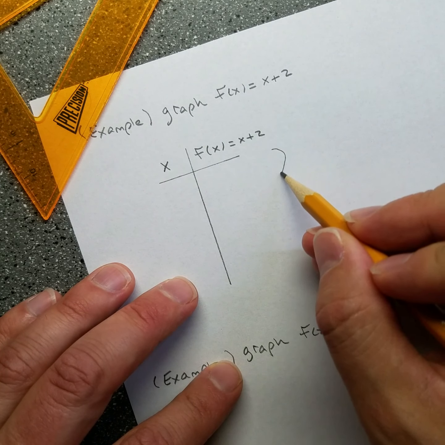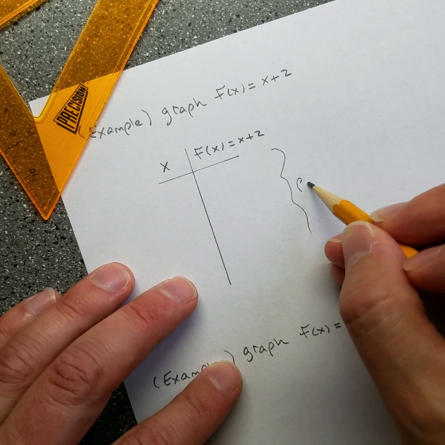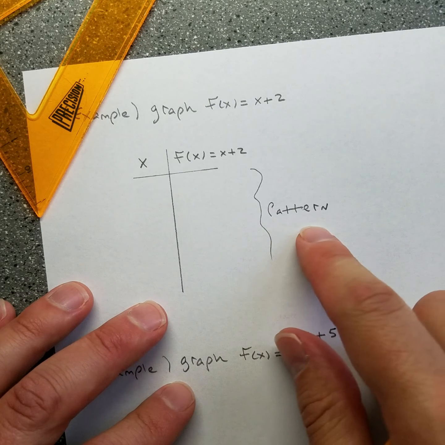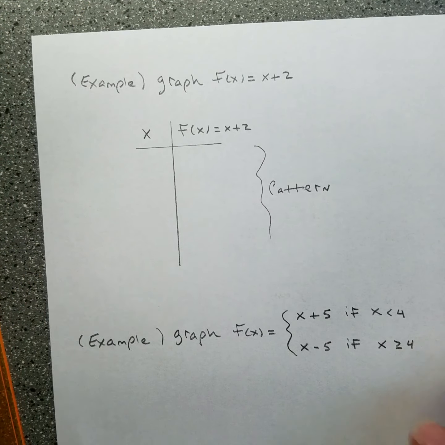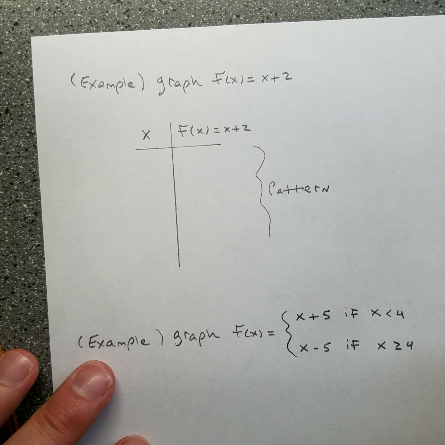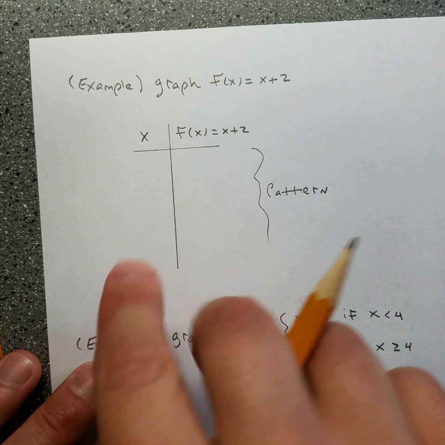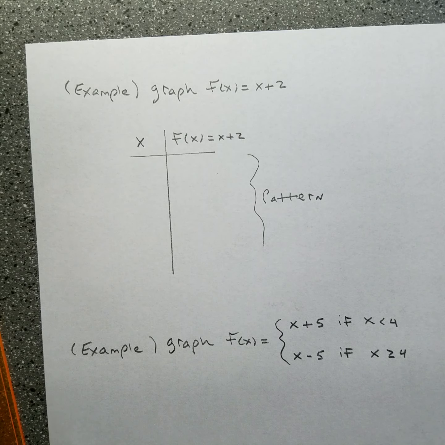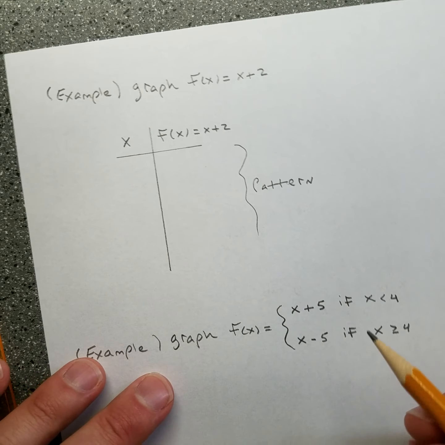The thinking is that if I choose enough points, there will be some visual pattern that should be real obvious. How many points do you need? It depends on how complicated the graph is supposed to look. There's no hard rule on how many points to use.